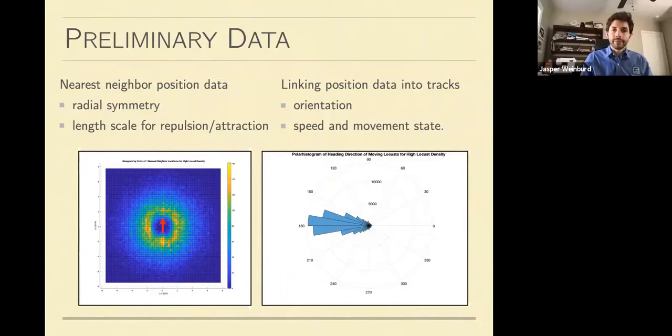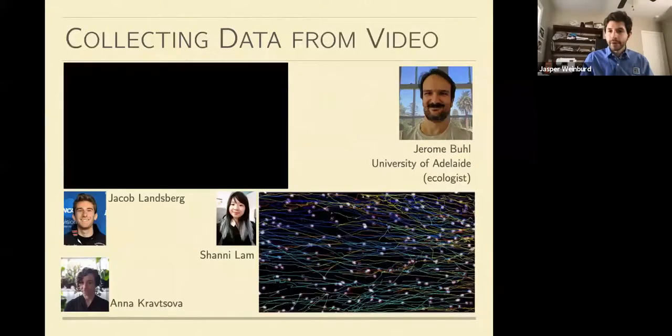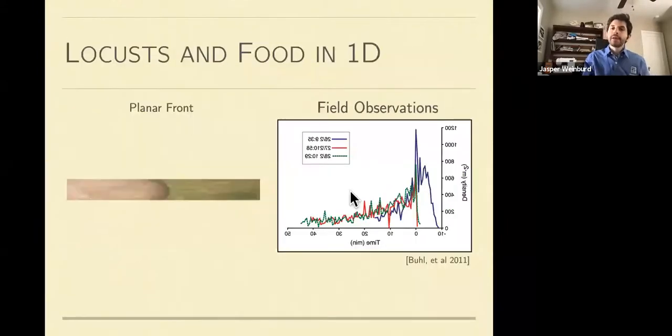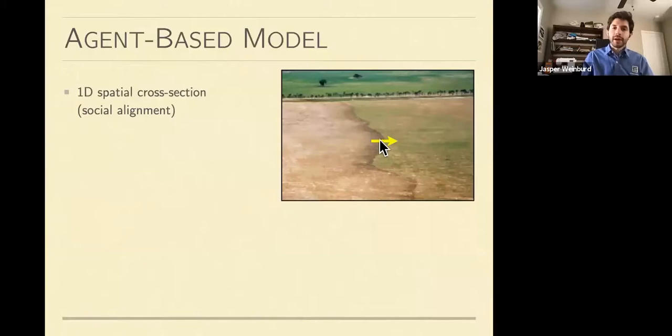Correct. So typically in these front propagation problems, let me go back to one of the really nice pictures at the beginning. There is definitely some curvature to this front, right?